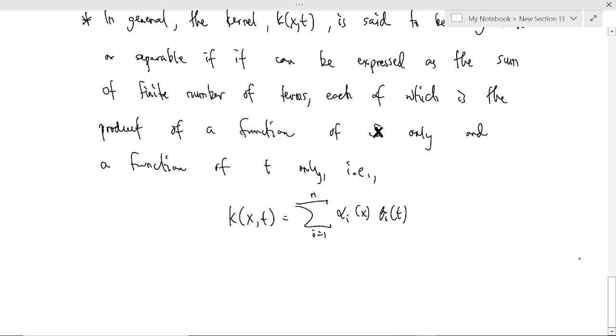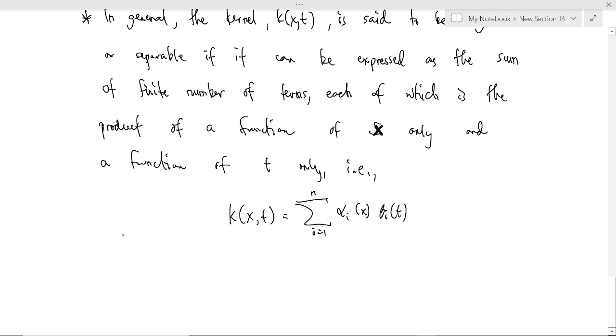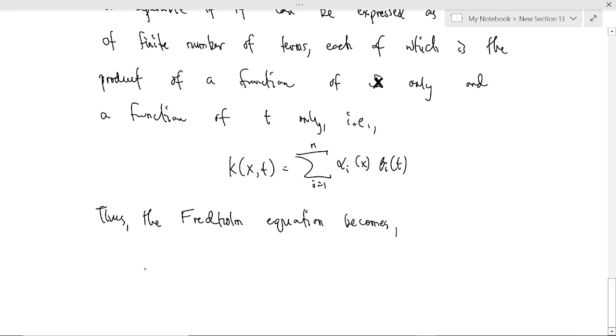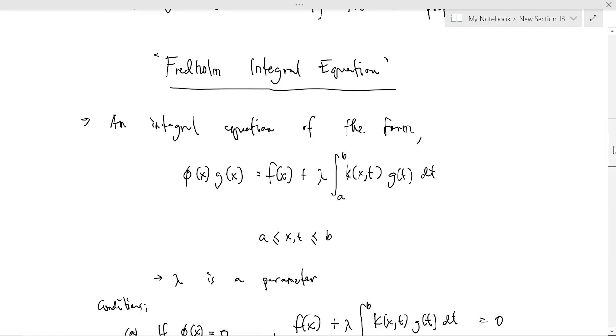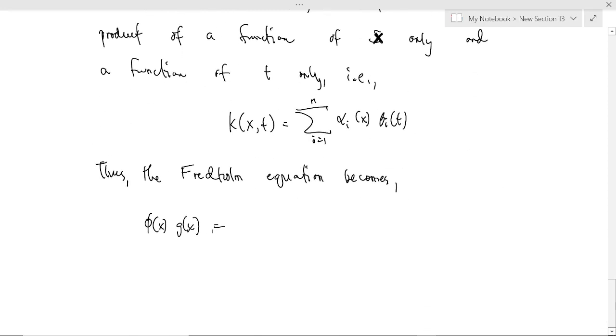Thus, applying this to our Fredholm equation, the Fredholm equation becomes phi of x, g of x equal to f of x plus lambda times the integral from a to b.